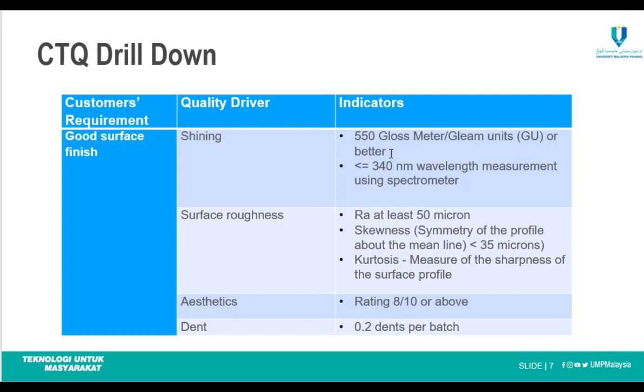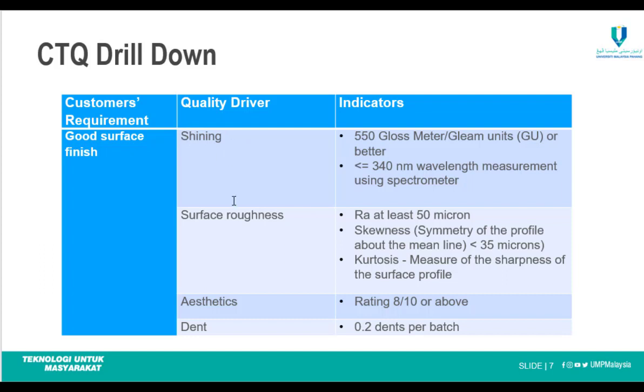This indicator indicates good shining characteristics of the part. Then we also have the wavelength measurement using a spectrometer, less than or equal to 340 nanometer. So these are the indicators that we can use to define the shining quality.